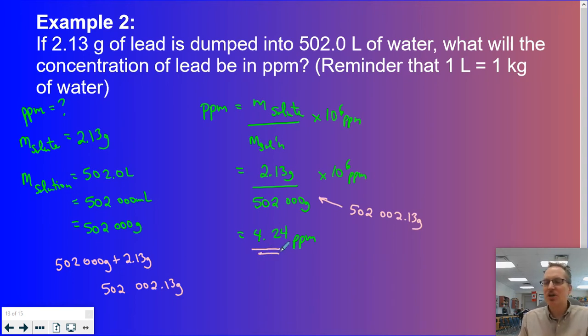You actually don't run across a difference in this value until the third decimal place, the thousandth of a parts per million. Very, very small. So you can use that assumption. Again, I would not mark it wrong if you added these two together, because ideally, in perfect science, the mass of the solution would be those two numbers added together if you read the question and understood it correctly.